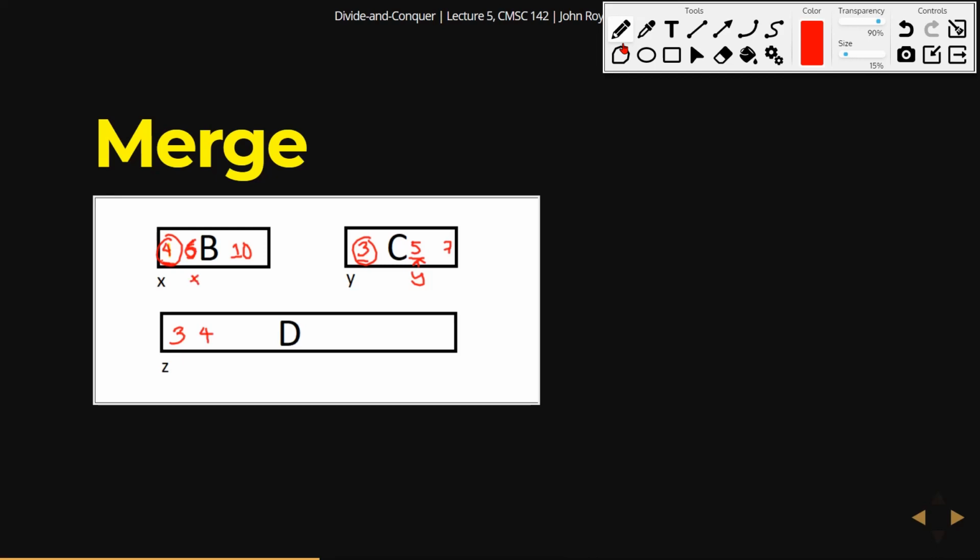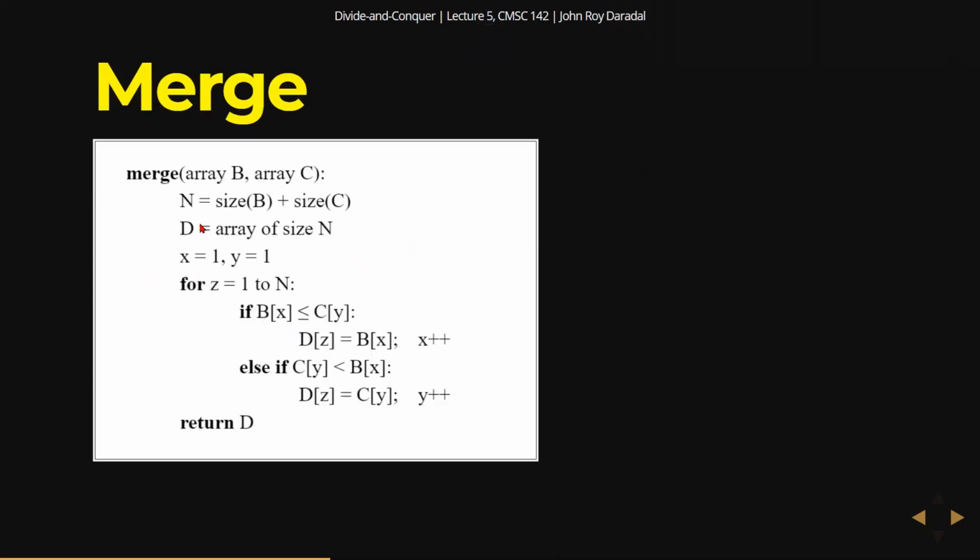Now we'll compare 5 and 6, so we'll copy 5, and then 6 versus 10, so we'll get 6, and then 7 versus 10, so 7, and then 10 gets copied last. So that was merge, right? This was the pseudocode of merge. So basically just increment the index of whichever one has the smaller item currently.